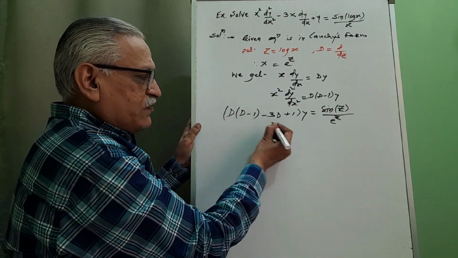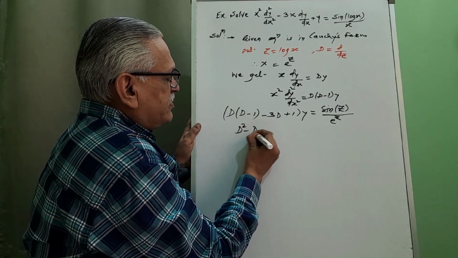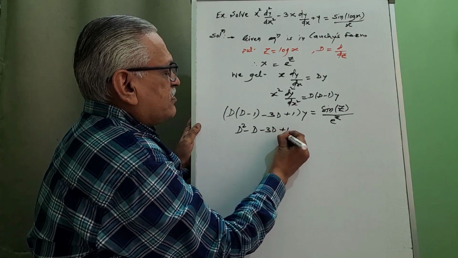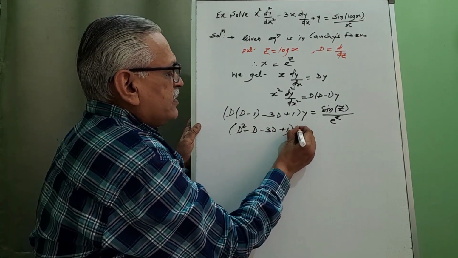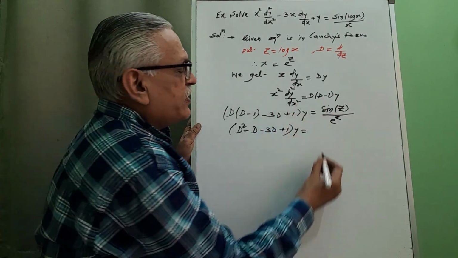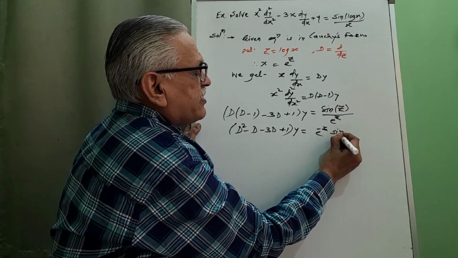Therefore simplifying it, we get D square minus D minus 3D plus 1 into y is equal to, transferring this to the numerator, e raised to minus z into sine z.